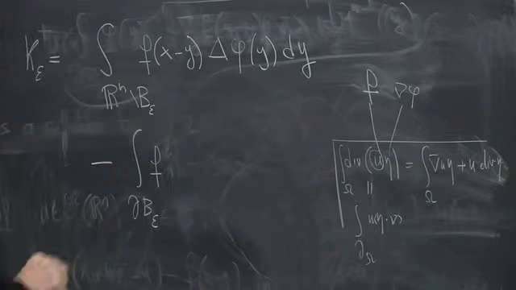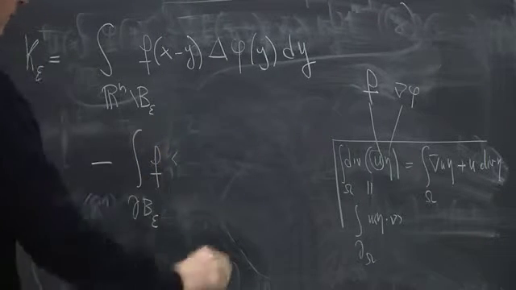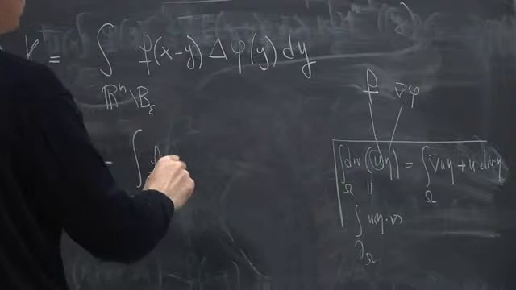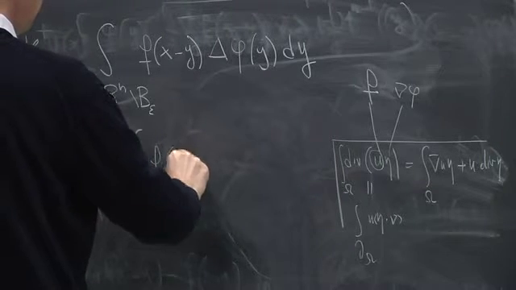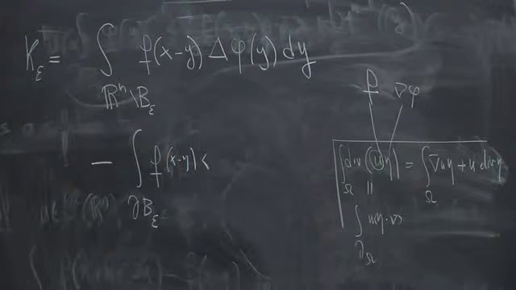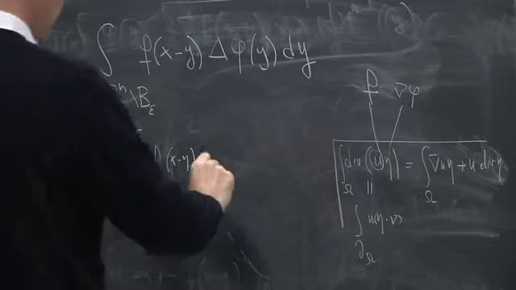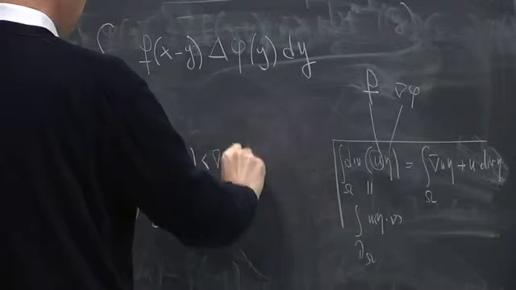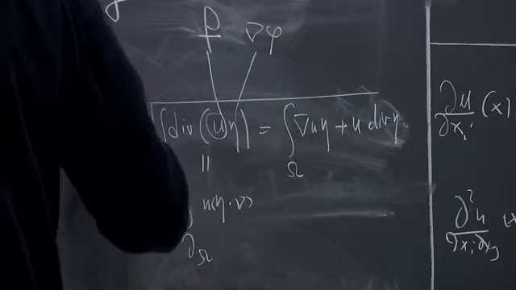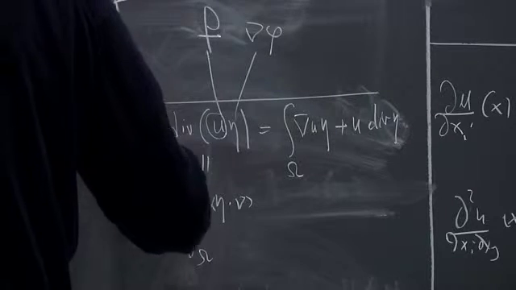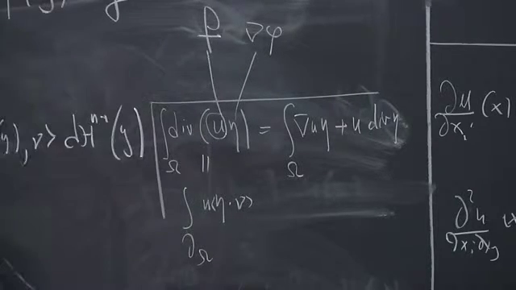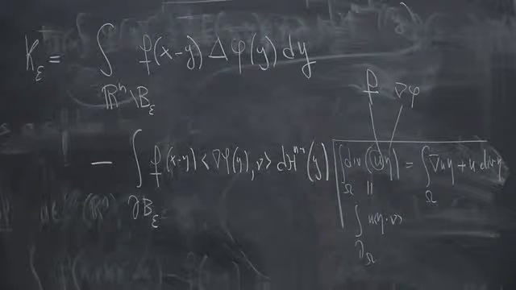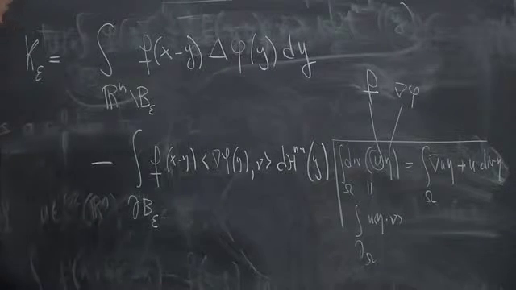And then I have the scalar product between f of x minus y, and grad phi of y, mu of y. Okay? Do you agree?